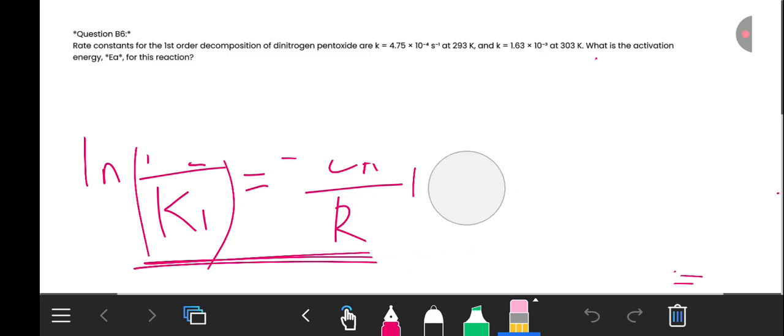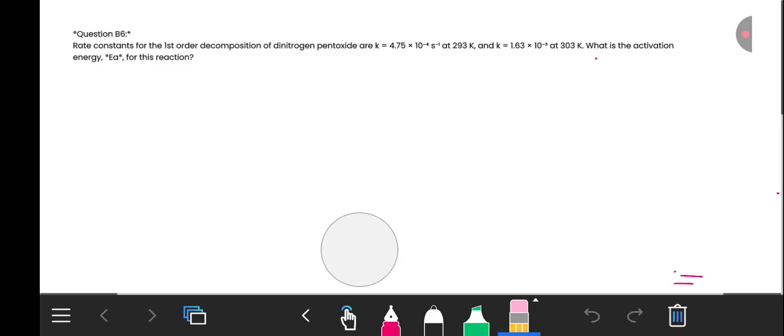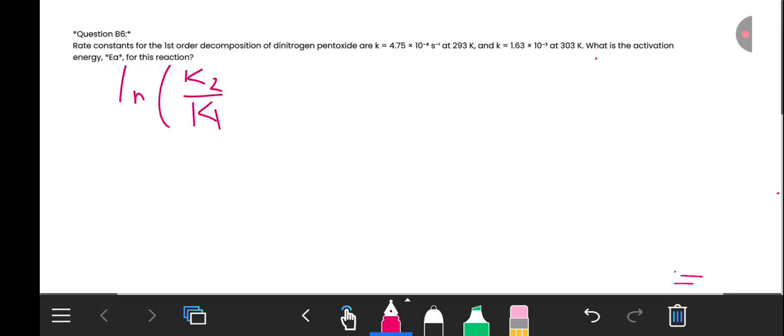Let me just write it on top. So ln K2 over K1 is equal to negative activation energy over R multiplied by 1 over T2 minus 1 over T1.